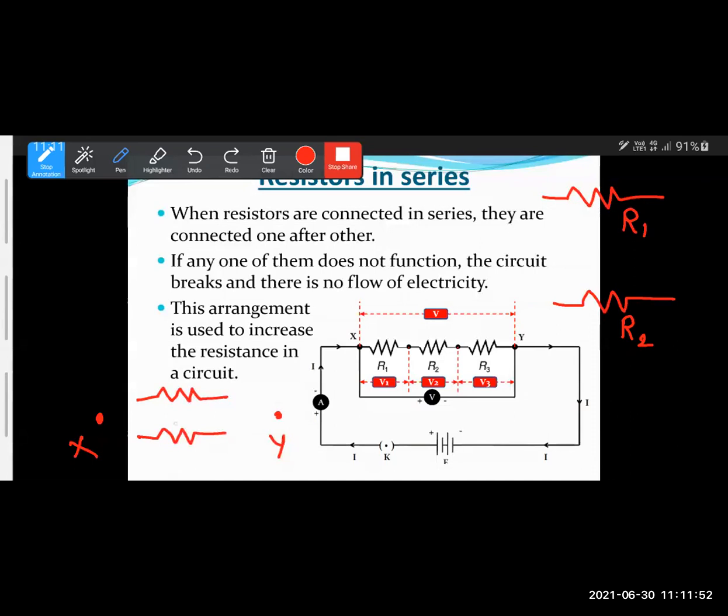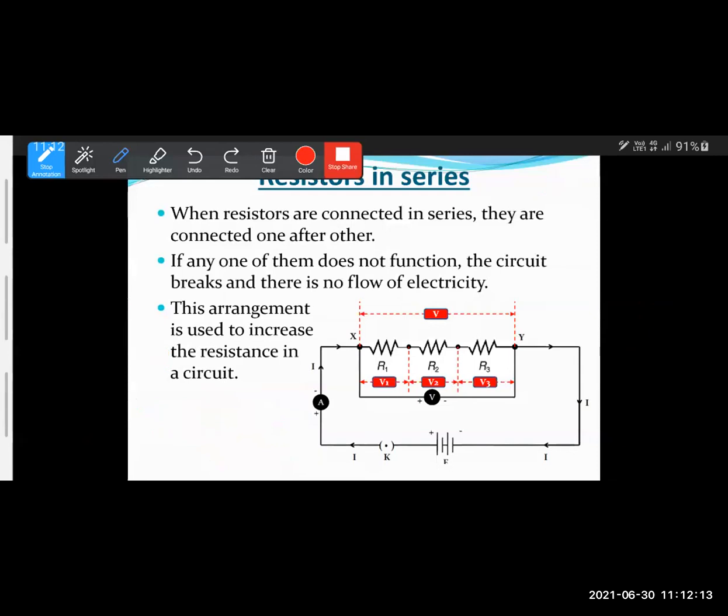The resistor above is R1, and the one below is R2. And now you have to connect them to a common point. This is a parallel connection, which we will be studying in the further classes.